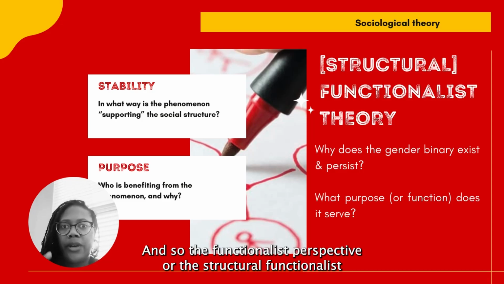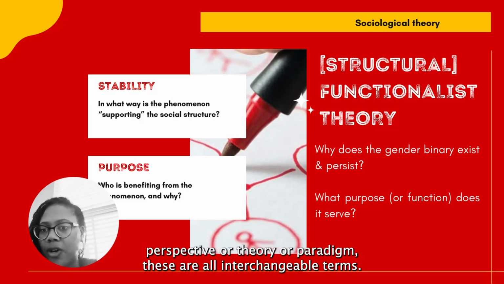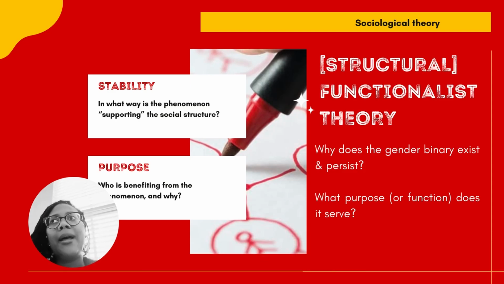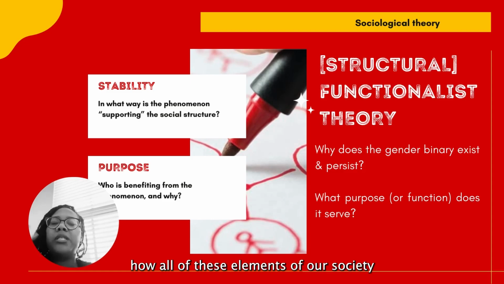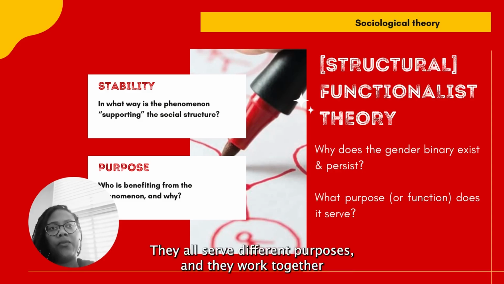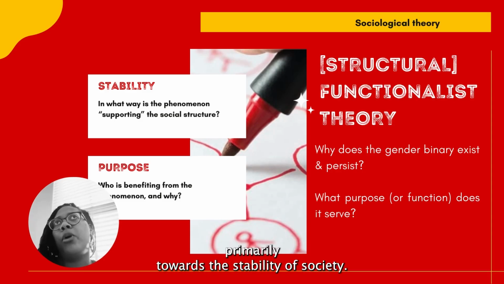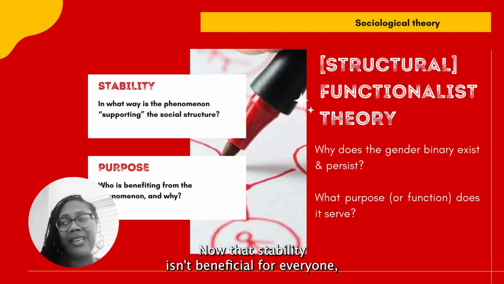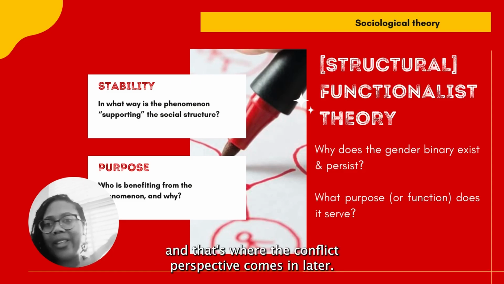And so the functionalist perspective, or the structural functionalist perspective, or theory, or paradigm, these are all interchangeable terms, looks at how all of these elements of our society are like organs in the human body. They all serve different purposes, and they work together primarily towards the stability of society. Now, that stability isn't beneficial for everyone, and that's where the conflict perspective comes in later.